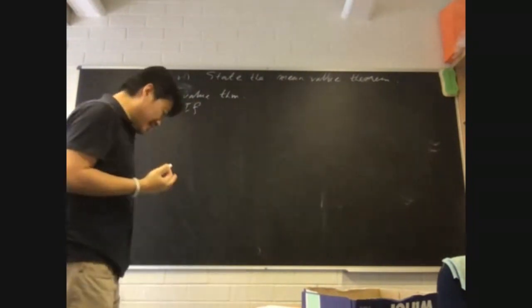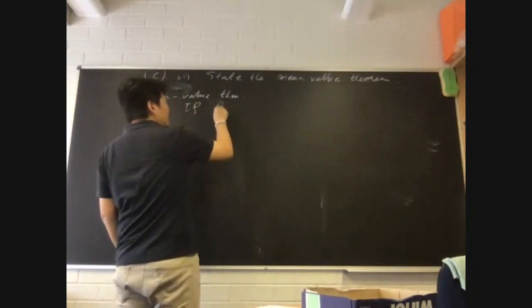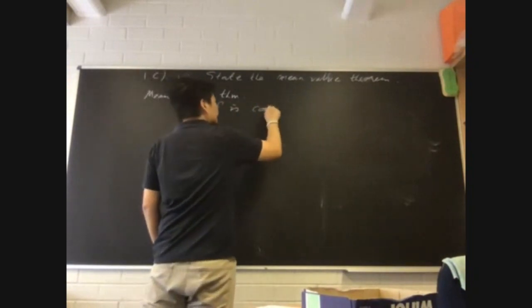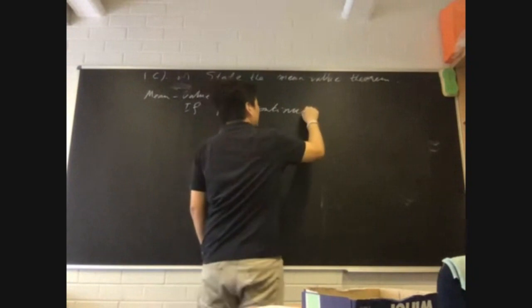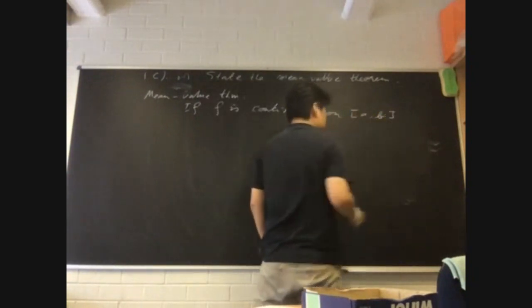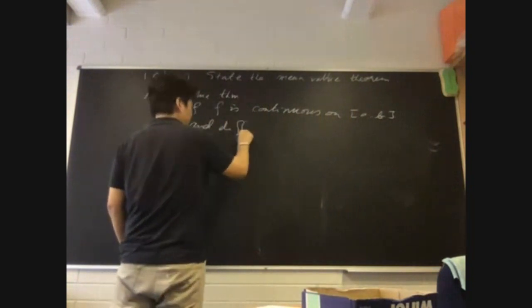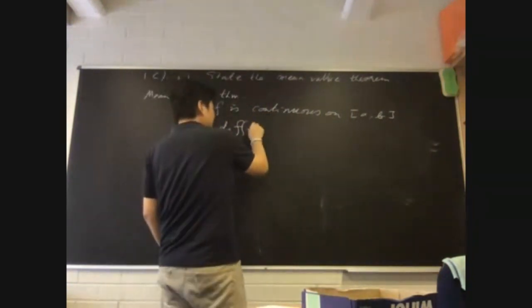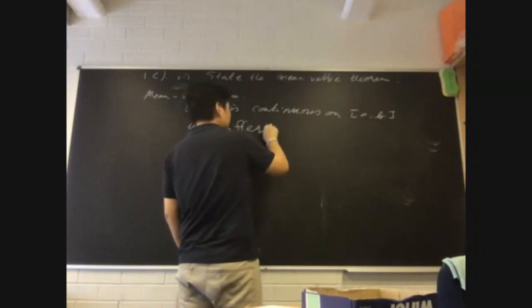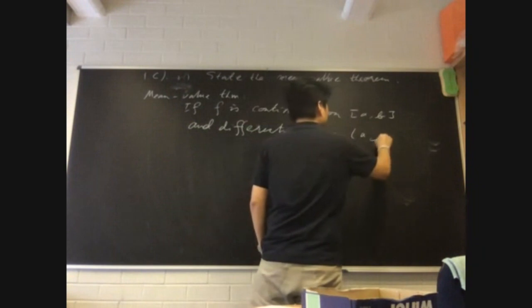So the real key is the following. So if f is a continuous function on a closed interval from a to b, and differentiable on the same open interval, differentiable on the open interval from a to b.